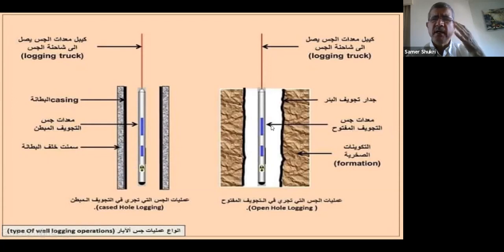In this case, we can do correction for the readings and take about 99% accurate readings. While here, you are not guaranteed that the data will be 100% accurate. Why? Because we have here the fluid in the well, and we have casing, we have cement, we have pollution, we have everything. So you are not sure here.